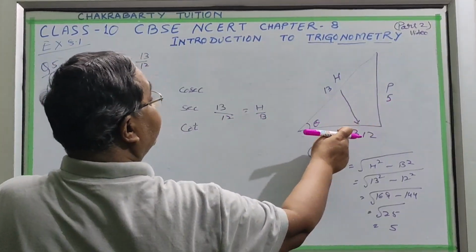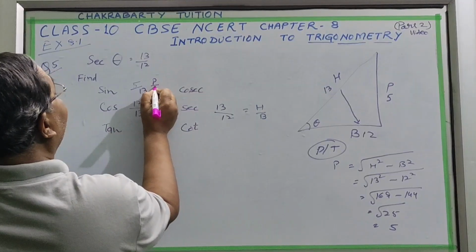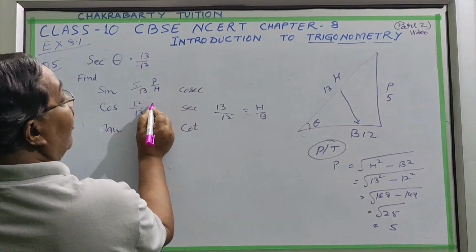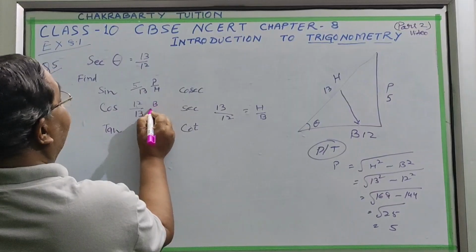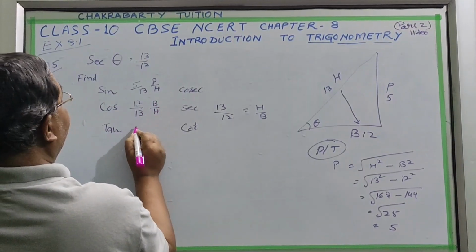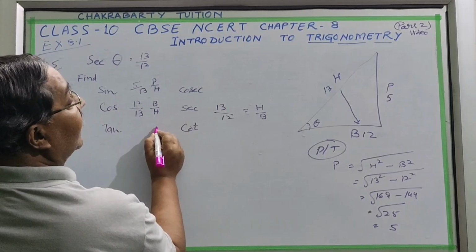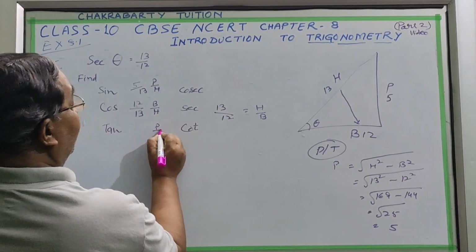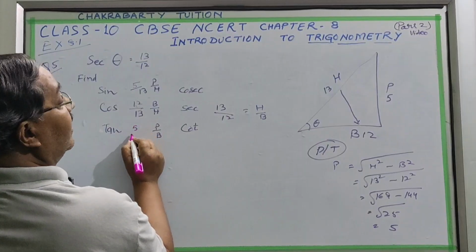Tan is p upon b, cos is base upon hypotenuse, and tan is p upon b, so 5 upon 12.